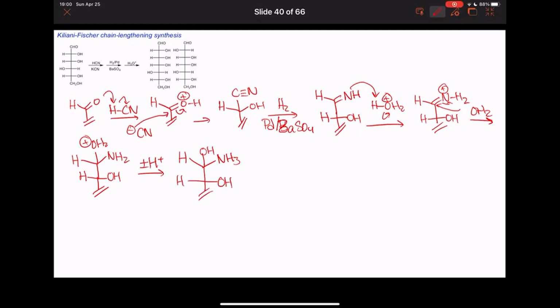And then this will be protonated, which makes it a good leaving group. So once you form your good leaving group, this will come down and kick off your leaving group. And then your last step right here is just to deprotonate again.